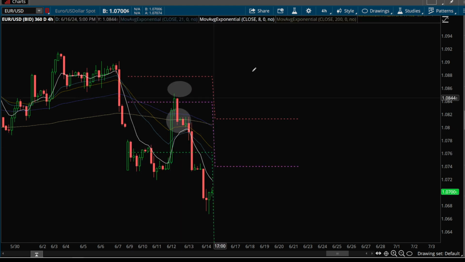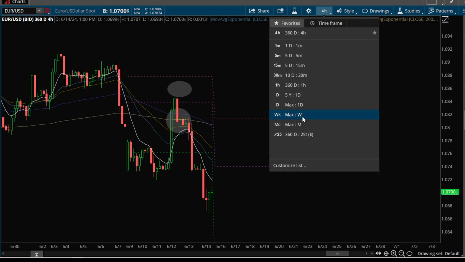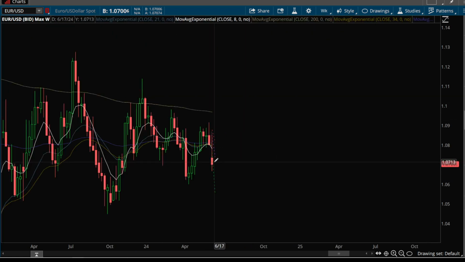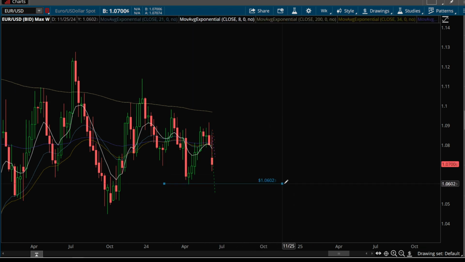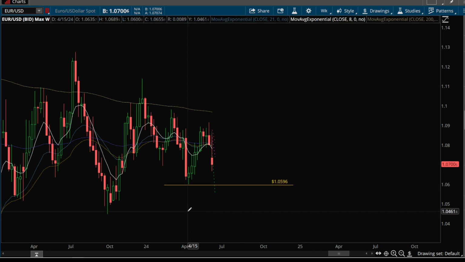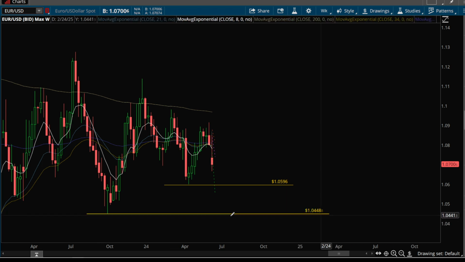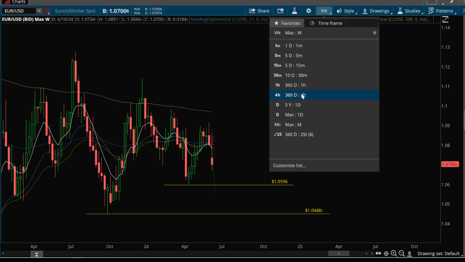We were looking for a weekly close below the 8, and when you go to the weekly chart, you got the weekly close below the 8. You're looking for trend continuation now. You're looking to sell any pullbacks to come take out these lows, and probably retest these lows. That's pretty simple. You want sells all the way in euro dollar.